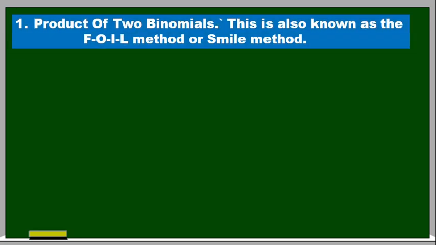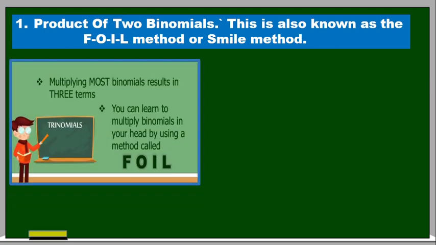So to begin with, we have number 1 special product: product of two binomials, also known as the FOIL method or SMILE method. Multiplying most binomials results in three terms, which we call trinomials.